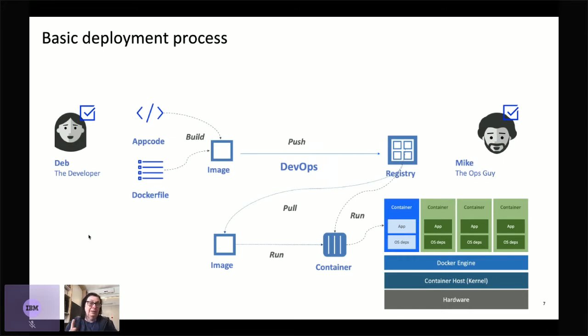Usually the process works like this. Deborah, the developer, developed her code, and now she is ready to deploy it. First she needs to encapsulate her microservices in what is called containers. For that, she first creates a container image, which is a template of containers. She needs to declare a Dockerfile that describes how she wants this image to look.